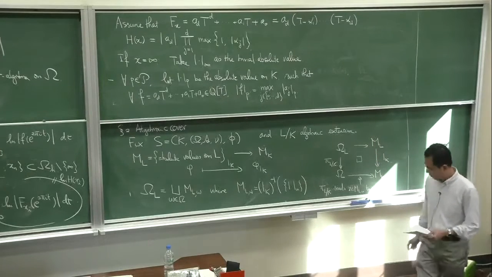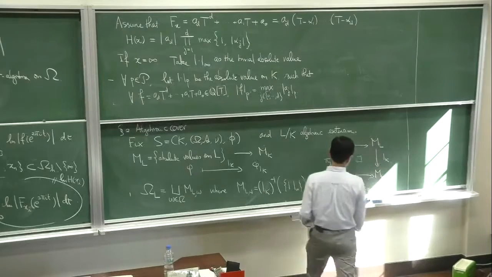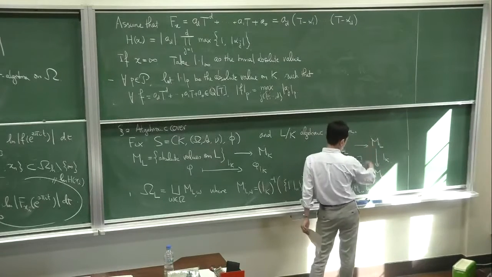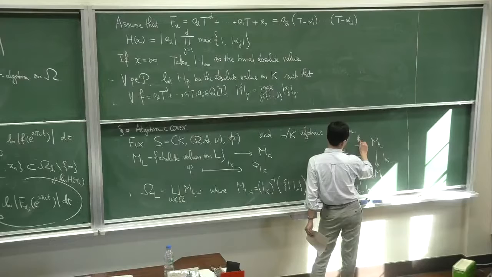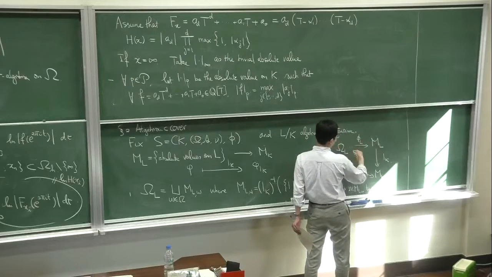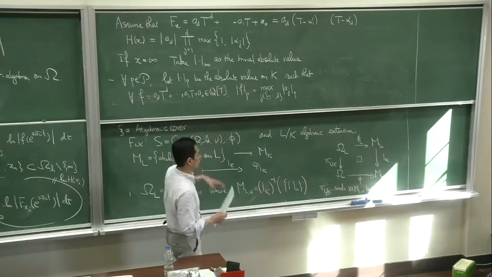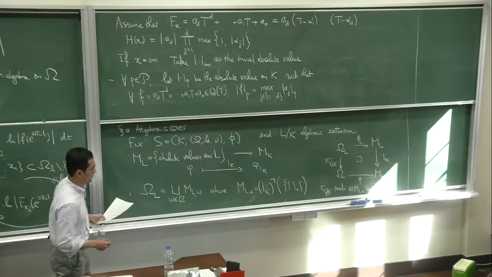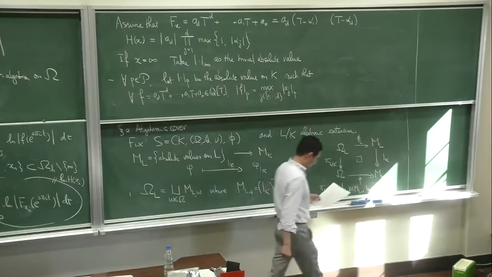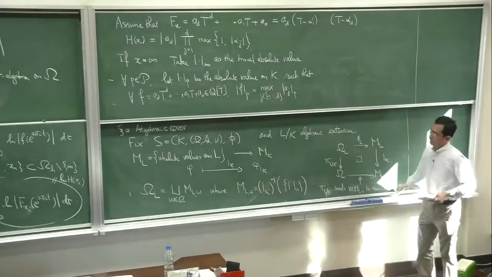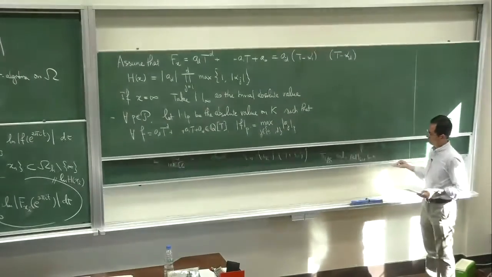That's very simple. And you have also another projection, which is phi_L. This phi_L will play the role of phi in the new adelic structure. So in the setting of sets, it's very easy.